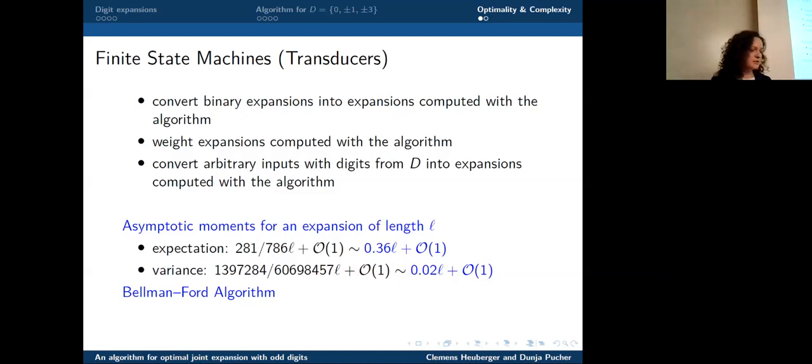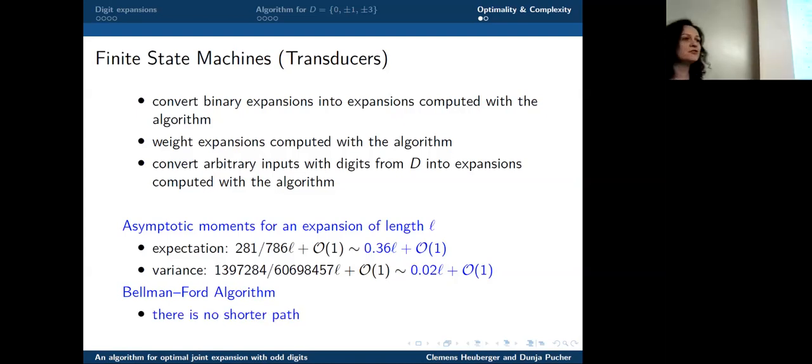So this means that there is some arbitrary input expansion which has lower weight than the one we calculate for this input with our algorithm. So that would mean a negative cycle or shorter path. And the Bellman-Ford algorithm says, luckily for us, that there is no shorter path. And this proves the optimality of the algorithm.